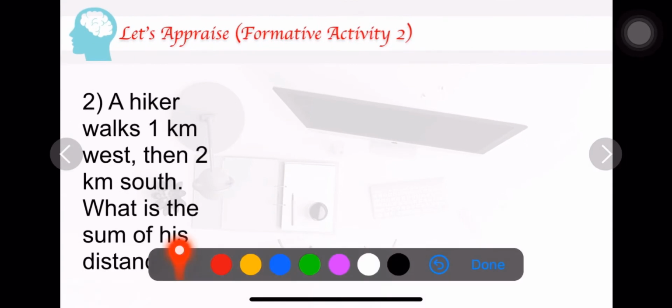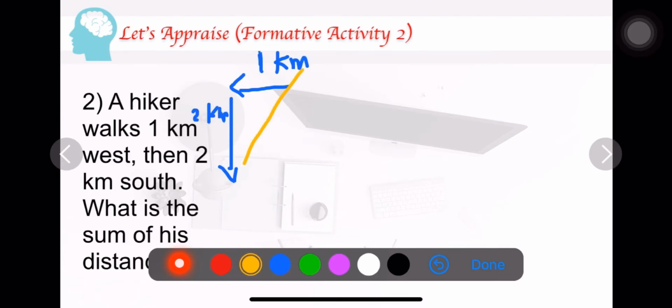Alright, so now let's have another example. Okay, let's draw. A hiker walks 1 kilometer west and then 2 kilometers south. So 1 km and then 2 km. So our resultant vector is here.